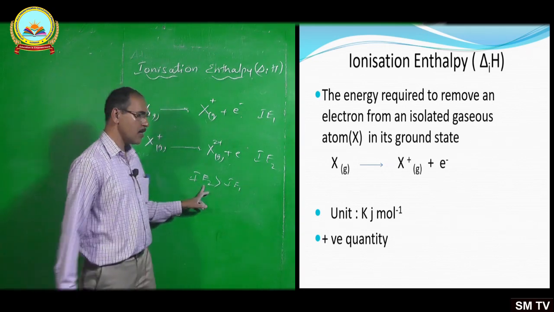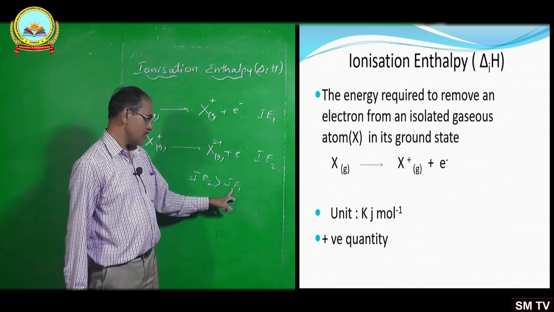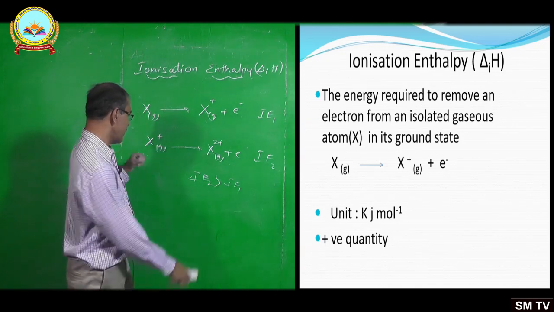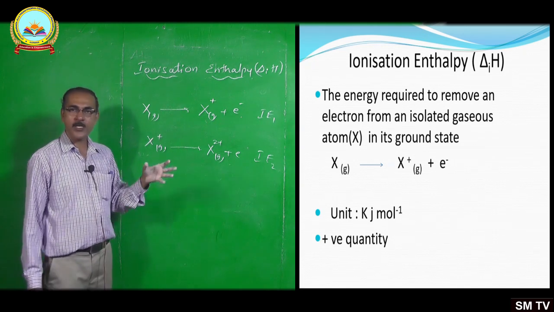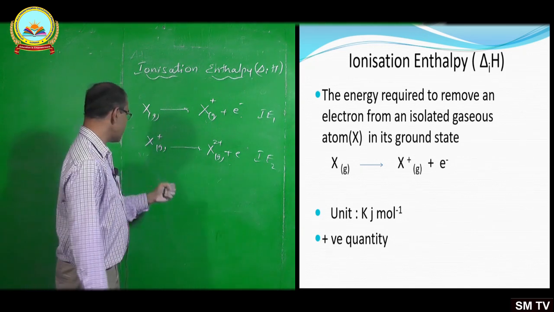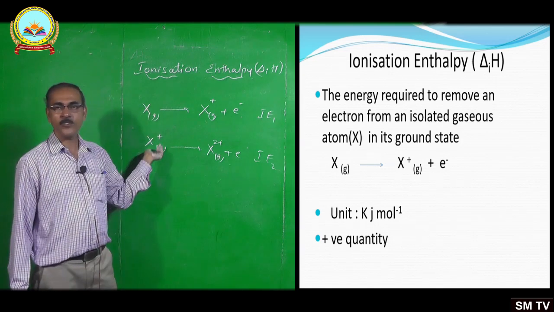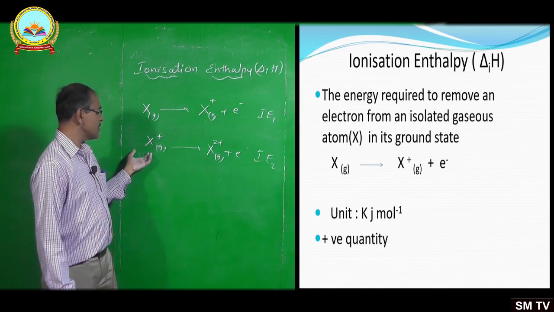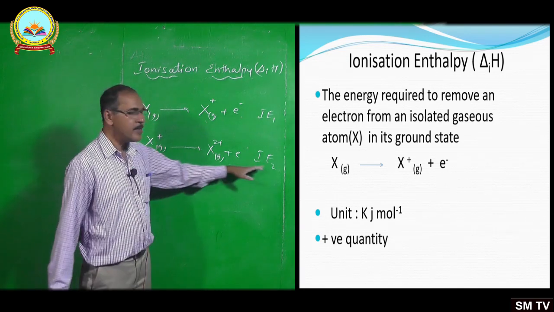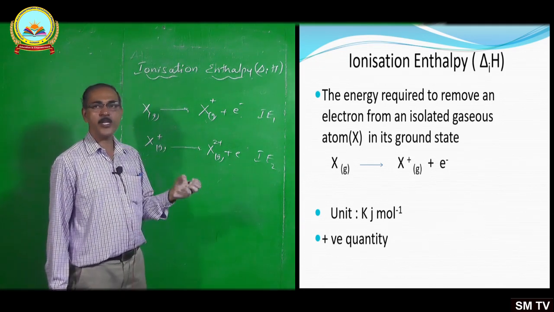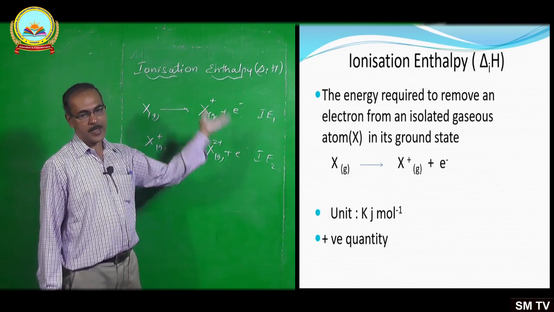Look here, the number of electrons decreases and the nuclear charge remains the same. Thereby, the force of attraction on the electrons increases, so the energy required to remove an electron increases.